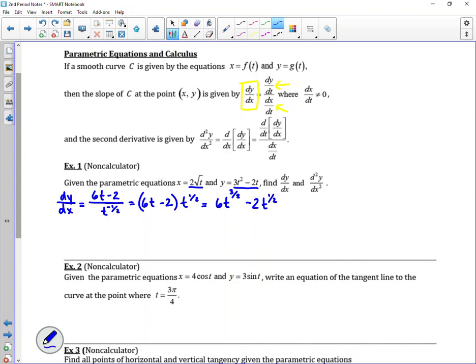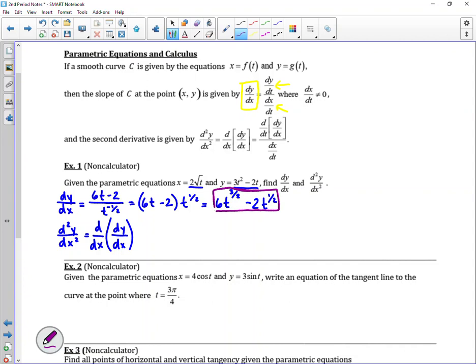Okay, second derivative, a little bit trickier. So if they ask you to find d squared y over dx squared, they want you to take dy dx, and then take the derivative with respect to x of dy dx, okay? But there's a problem, right? Because our dy dx right here is in terms of t, not x.